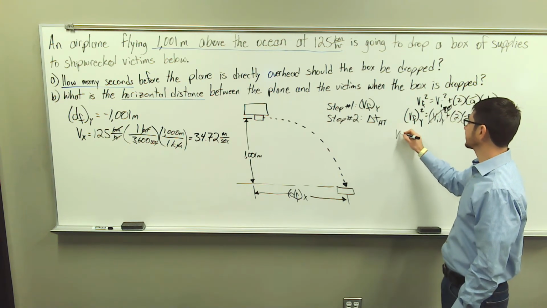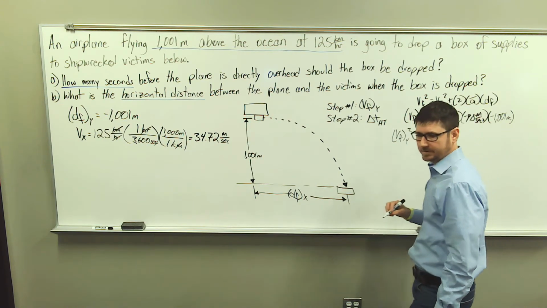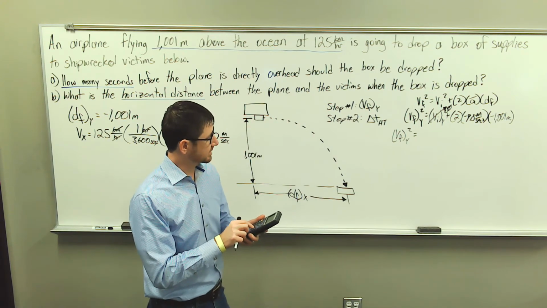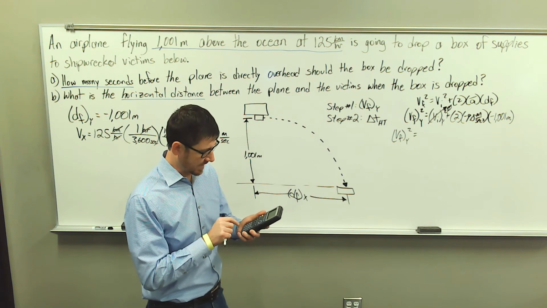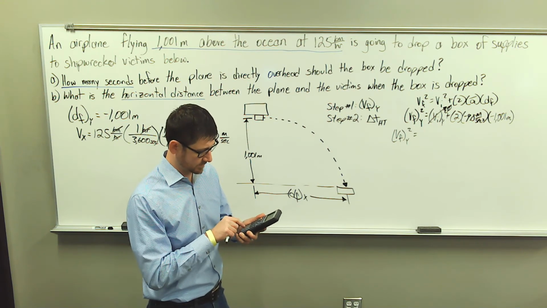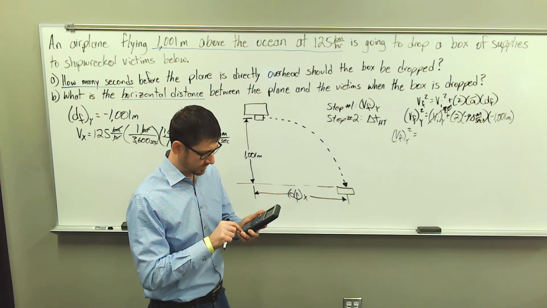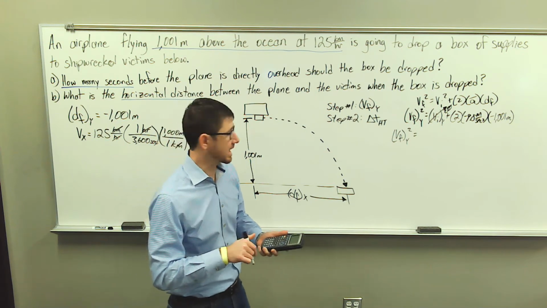So what we have here is final velocity in the y direction squared is going to be 2 times negative 9.8, that's negative 19.6, times negative 1,001. This gives me 19,619.